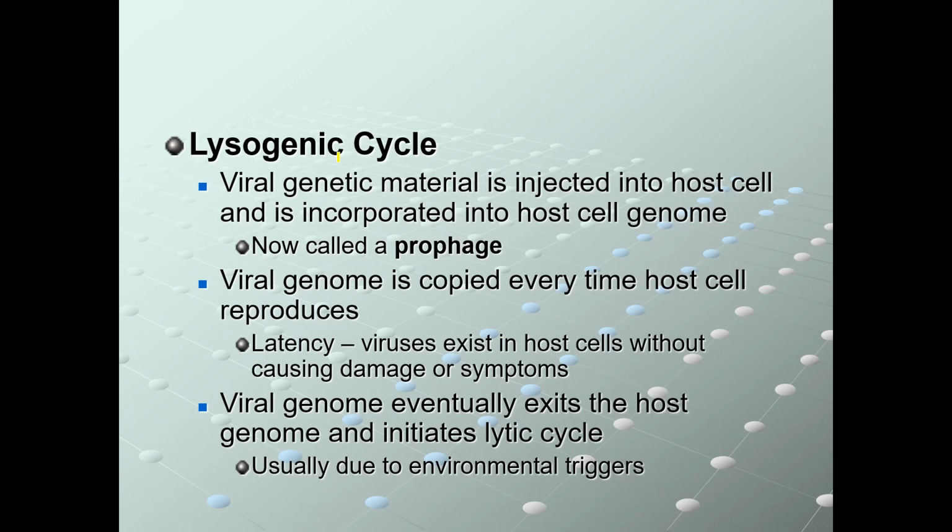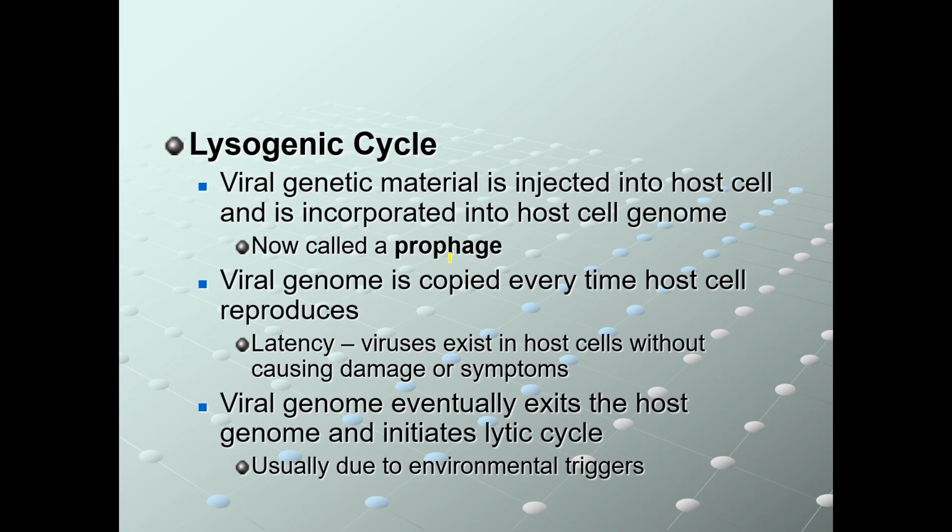And so these actually are a little bit trickier in that instead of immediately taking over the cell, the virus's genetic material becomes part of the bacteria's chromosome. So that viral DNA becomes part of the host cell's chromosome. And at this point, we now call that a prophage, okay?